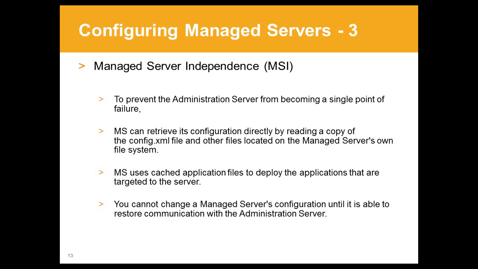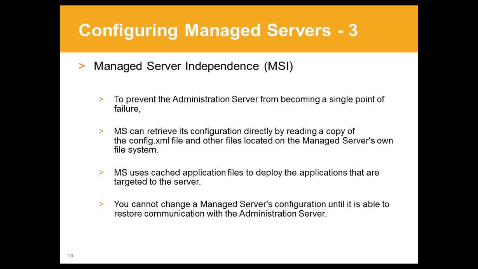Basically, what is happening is I have one managed server and one admin server. Say my admin server is on machine A and my managed server is on machine B. If machine A faces some issue with physical memory, a hardware issue, and machine A is down, that means my administration server is down.